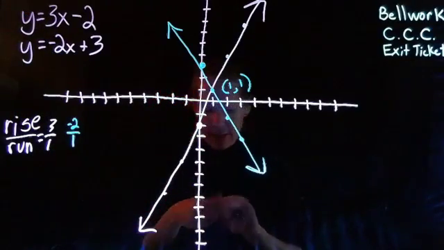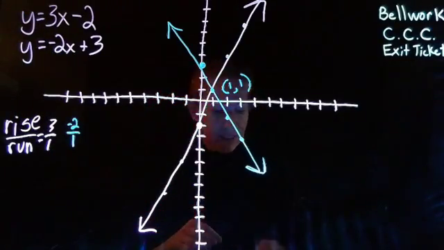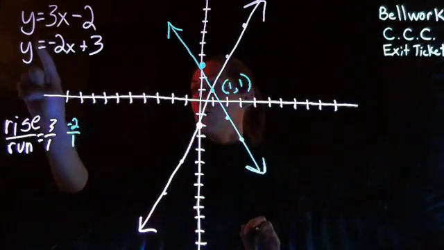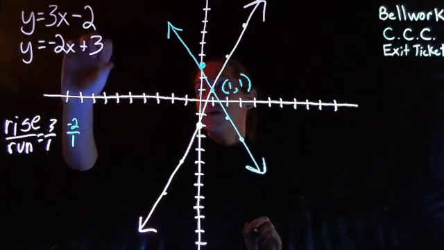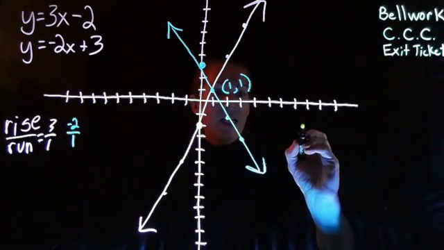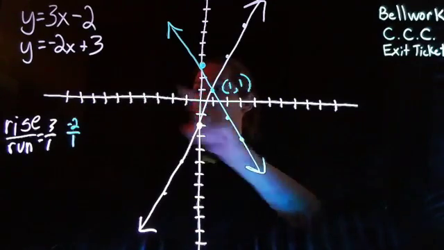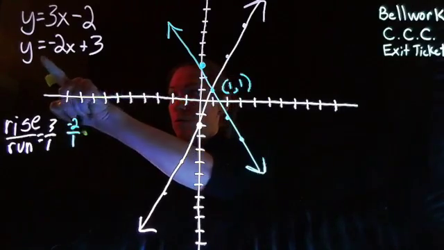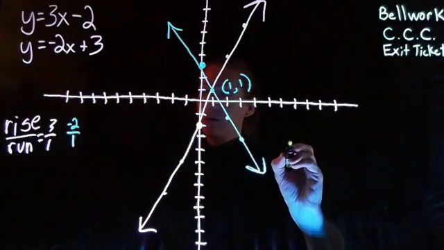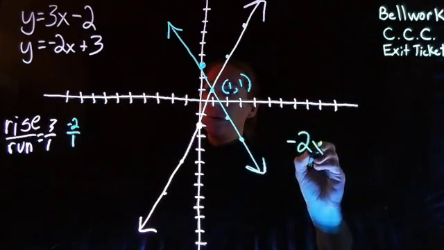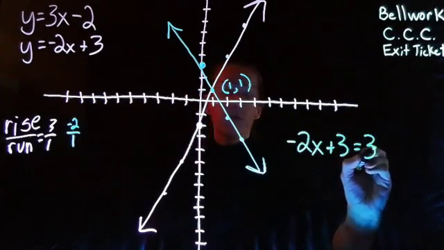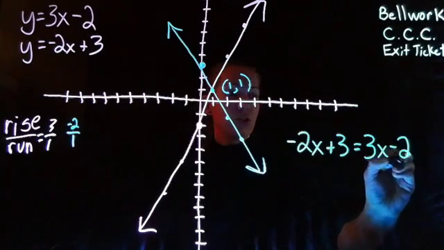Now we can double check this by solving using substitution. Because these are both solved for y, when I plug this one in for y, it makes it very, very easy. I'm going to do that down here. So instead of writing y, I'm going to write what the second equation is solved for y: negative 2x plus 3 equals 3x minus 2.